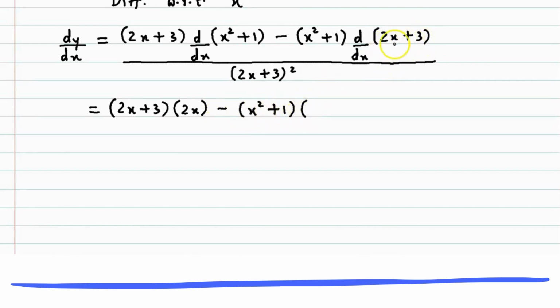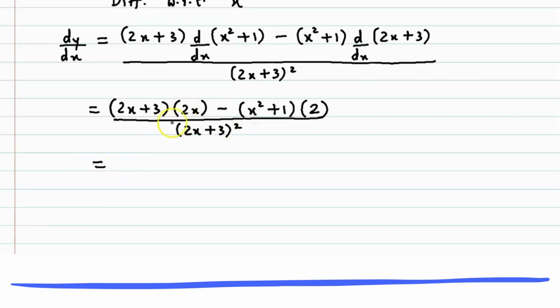So 2 times derivative of x is 1. So 2 times 1 is 2 and derivative of 3 is 0. So we just close the bracket, divided by (2x plus 3) the whole square.